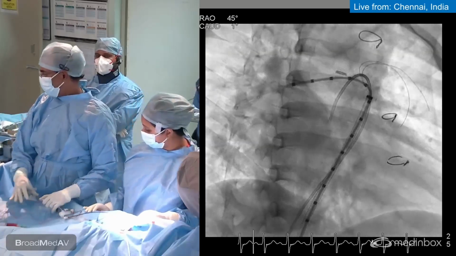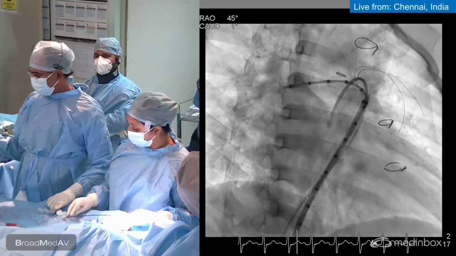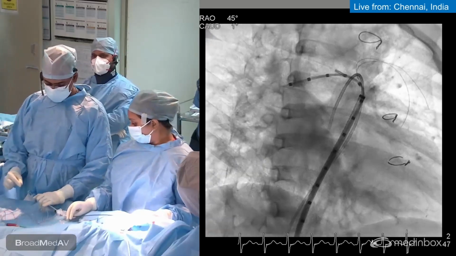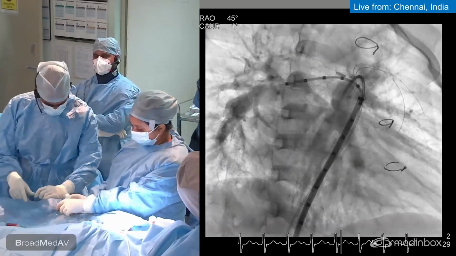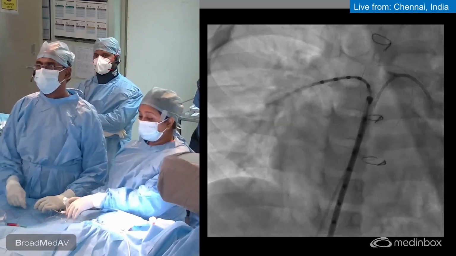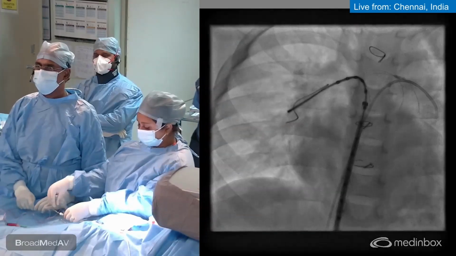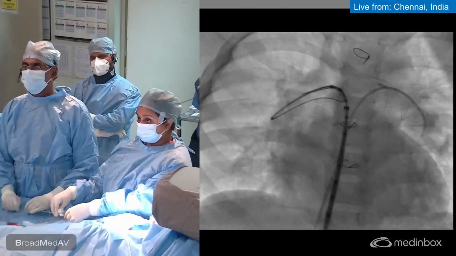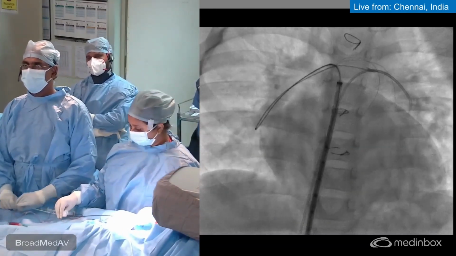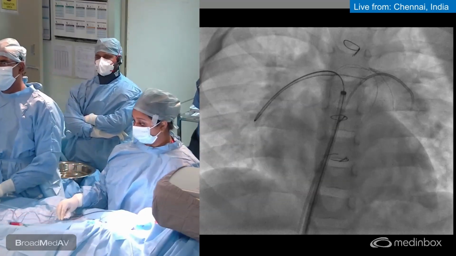So right now what we'll do is, let us get the thermo wire. We'll go deep into the right lung. Come to AP projection, please. So I'm taking out this marker pigtail. I want the right coronary artery catheter next.